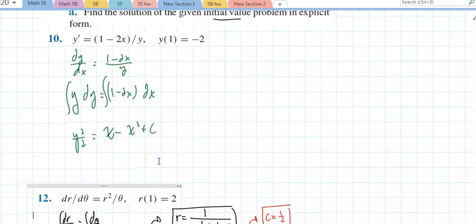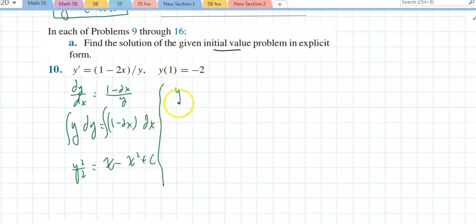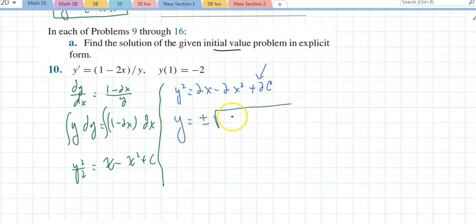So I'm going to do this 2 different ways. Okay, I went a bit too far here. So here I could say, case 1, I could say y squared equals 2x minus 2x squared plus 2c, this 2. And I could say y equals plus or minus the square root of 2x minus 2x squared plus 2c.